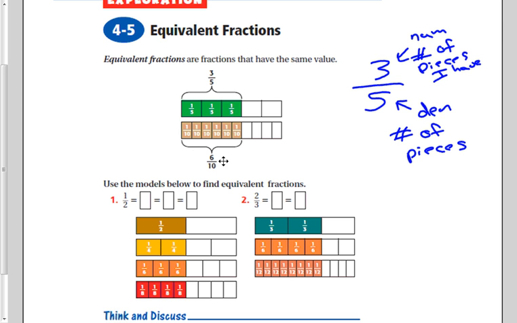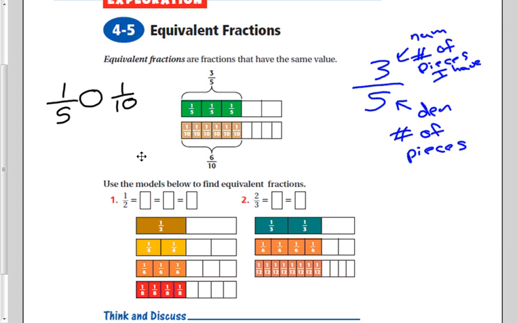All right, so with 6/10, this candy bar was cut into more pieces and I got more of them. But just because I got more pieces doesn't mean I have more candy, because the pieces, of course, are smaller. The larger our denominator is, the more pieces I cut something into, the smaller those pieces are going to be. So if we had to decide what was greater, 1/5 or 1/10, generally we say, well, 10 is larger than 5.